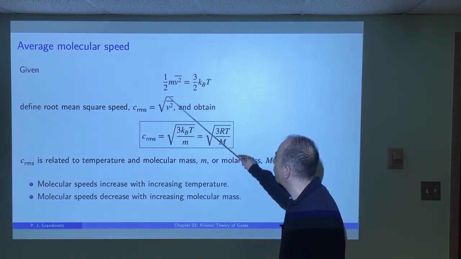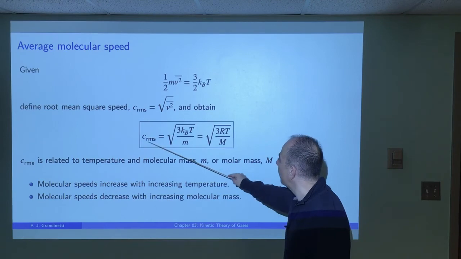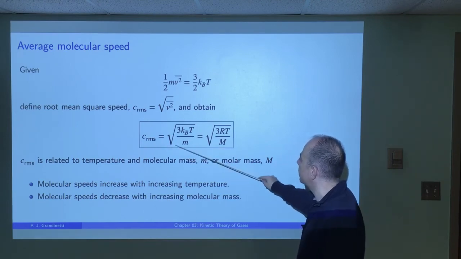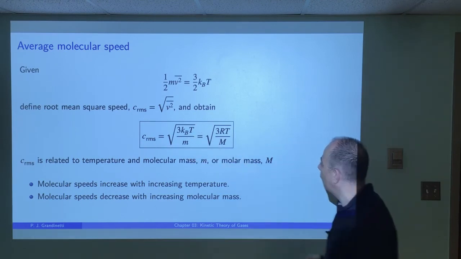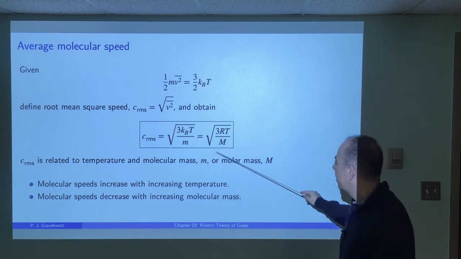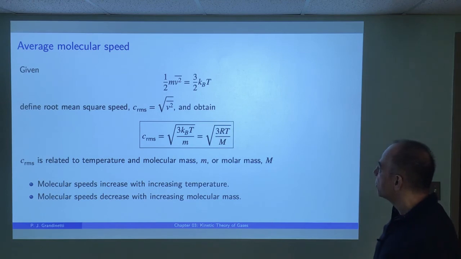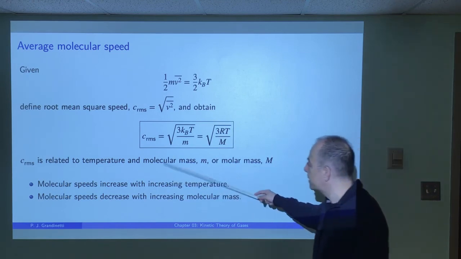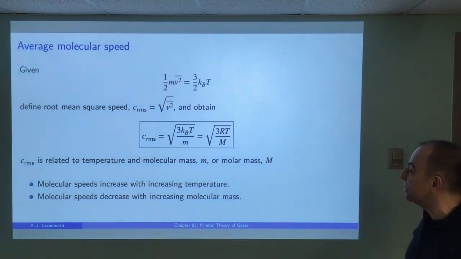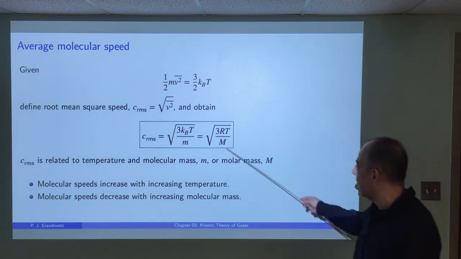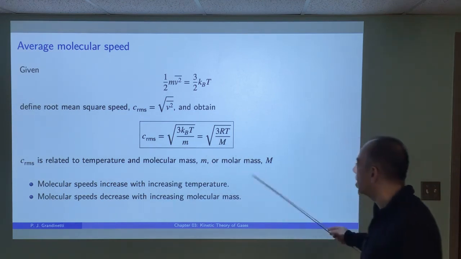And so we can take this equation and rearrange it to get the RMS speed is equal to the square root of 3 kBT over m, or if you want to write it in terms of molar mass, the square root of 3RT over M. So clearly the speed of the molecules, just like the kinetic energy, is related to the temperature and the molecular mass or molar mass.